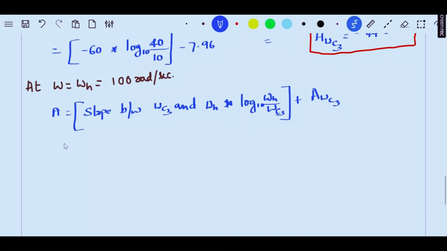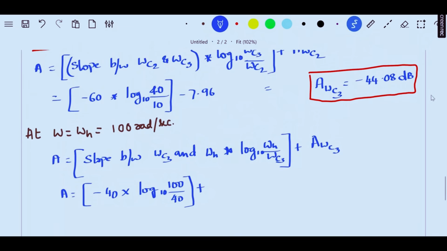So therefore, the gain equals, as we knew that the slope between omega C3 and omega H was minus 40, multiplied by log of 100 by 40 to the base 10, added with the gain that we had earlier at omega C3, which was minus 44.08 dB.